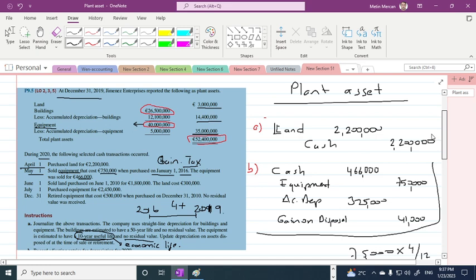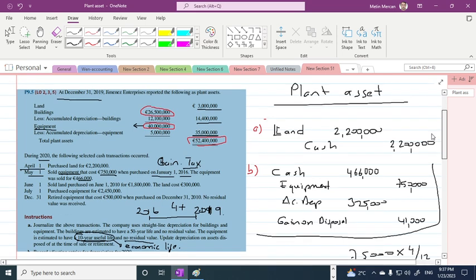And we need to calculate these depreciation expenses. So these are what we will have now.